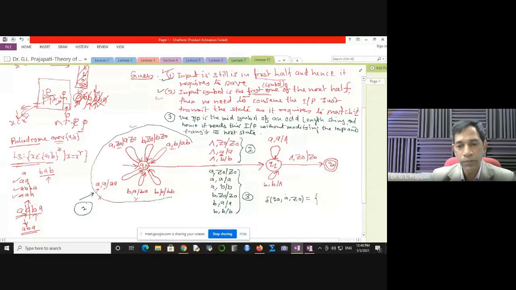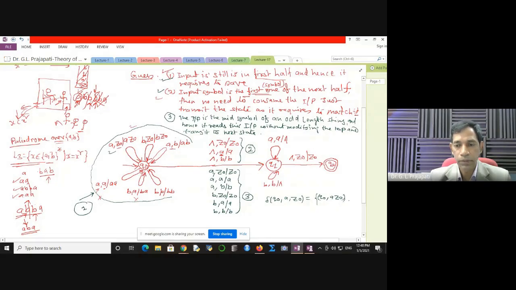This is one output. You are in the state Q0, input is A, top is Z0. What you do? You replace Z0 with AZ0, and you are still in the state Q0. What is the modification you have done? The top symbol of the stack is replaced with the string AZ0. So for this input, you have this one output.